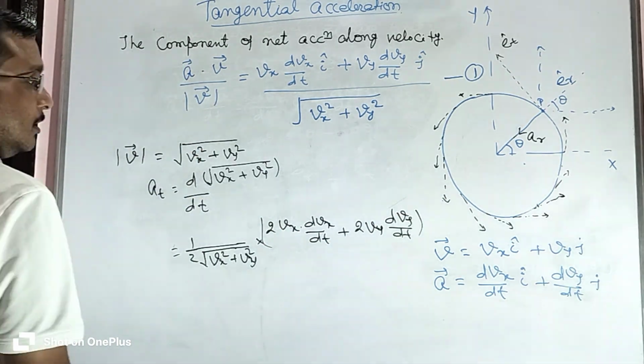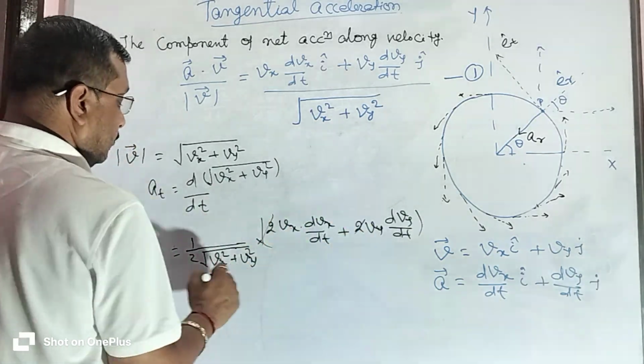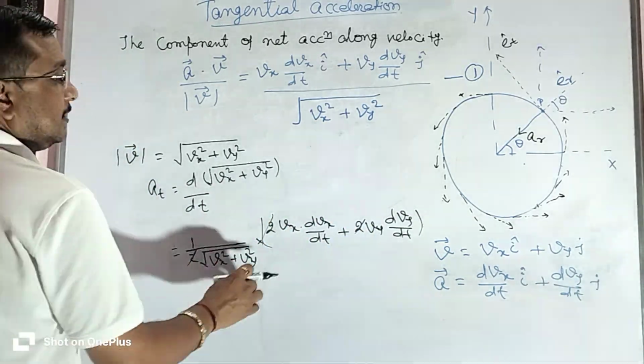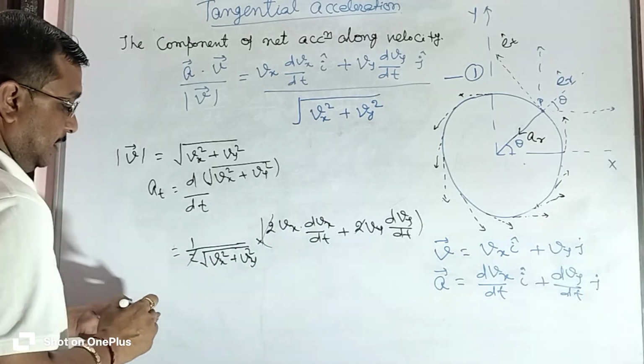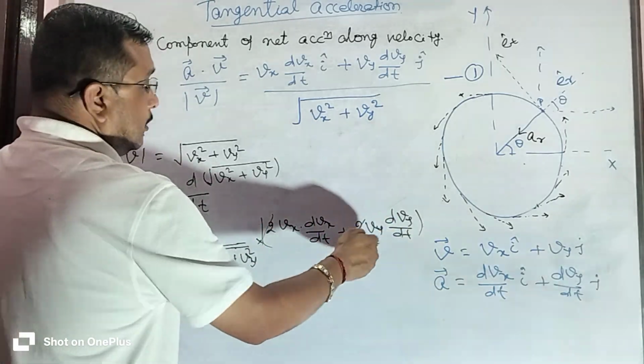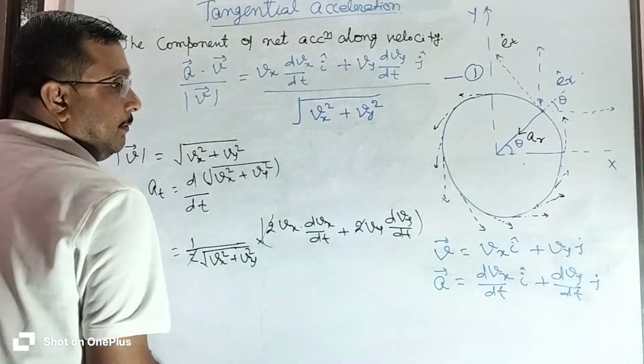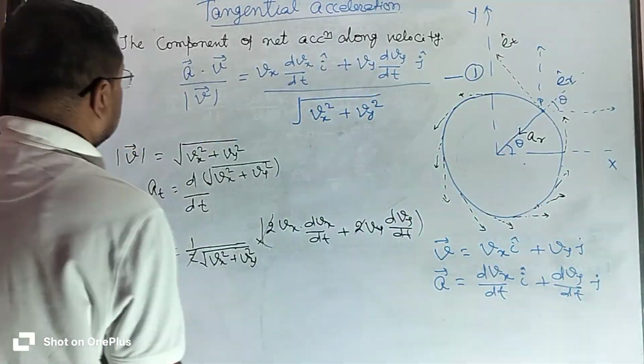That is acceleration. So you can see that the 2 will get cancelled. What is the value? Vx dvx by dt plus Vy dvy by dt.